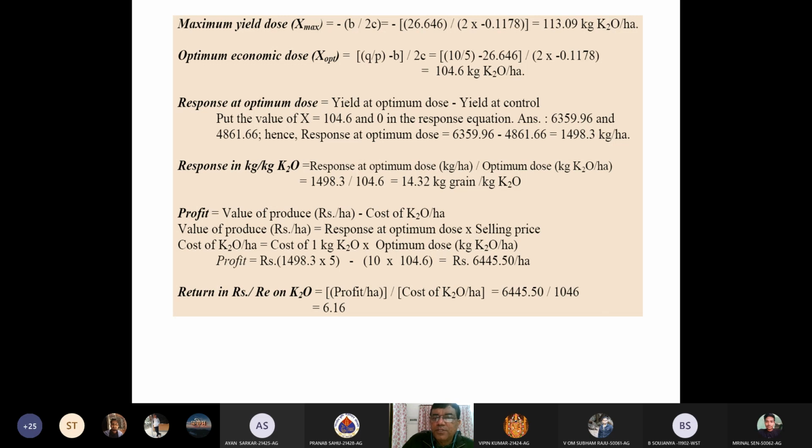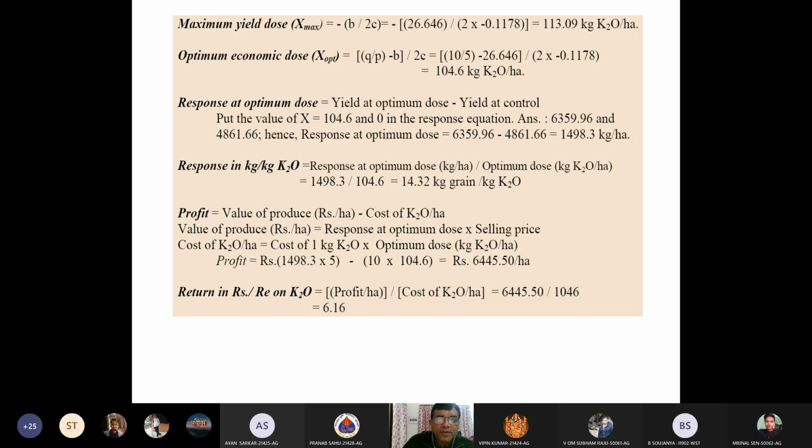So the difference of these two is 1498.3. So this is response at optimum dose. Now response in kg per kg K2O is calculated from response at optimum dose divided by optimum dose. So you put the values and you get 14.32 kg grain per kg K2O.